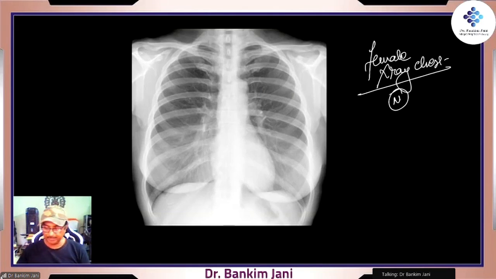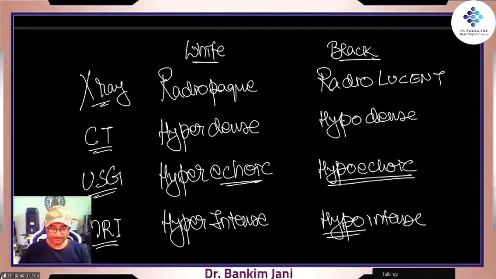This is the X-ray of a female, a normal X-ray. When we see anything white on an X-ray, that is radio-opaque. It is called radio-opacity. When it is black, it is called radiolucent. In a CT scan, if you see anything white, it will be called hyperdense, and black, hypodense.